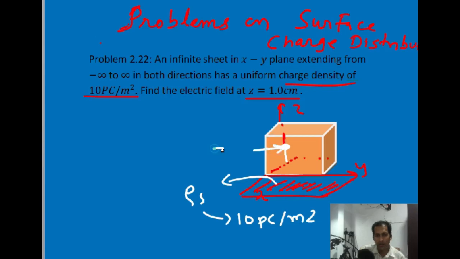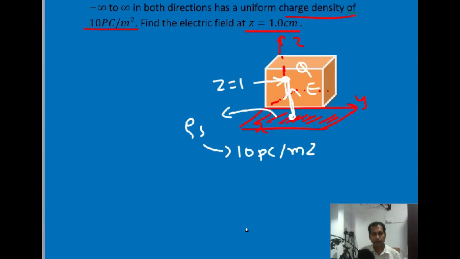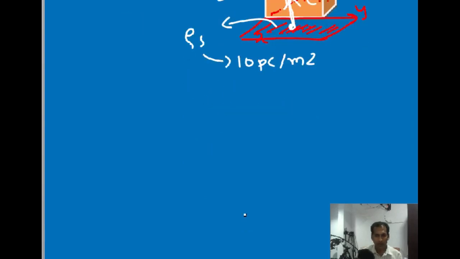Say this is z is equal to 1 centimeter. So how much this sheet, infinite sheet, is applying electric field intensity on this point, say Q. That is the question. So we have to find out it. So let us solve this.